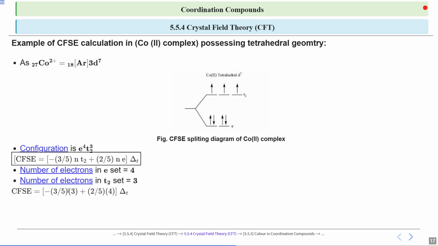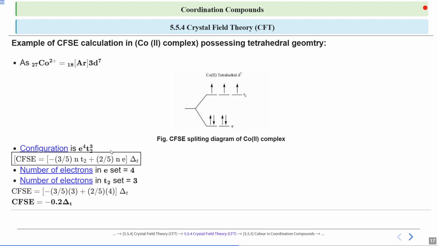So the CFSE will become minus 3 by 5 times 3 plus 2 by 5 times 4, multiplied by delta T. You can solve it and you will get the crystal field splitting energy for the cobalt plus 2 complex, which is equal to minus 0.2 delta T.